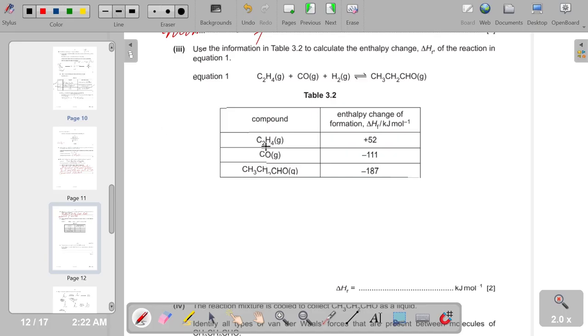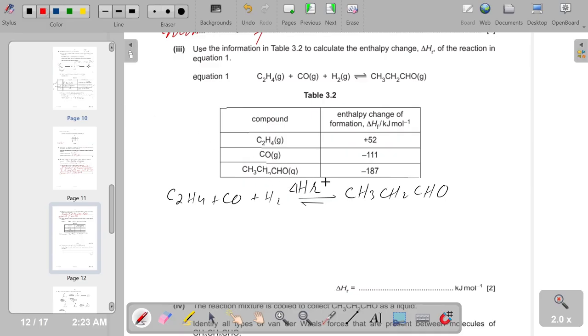So my point is you can see C2H4 plus CO plus H2. Here you can see we have delta H of the reaction, delta H R. Here we have the product CH3CH2CHO. Understand? So how to solve it? Be with me.